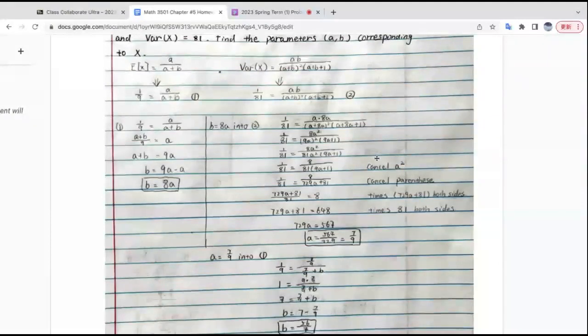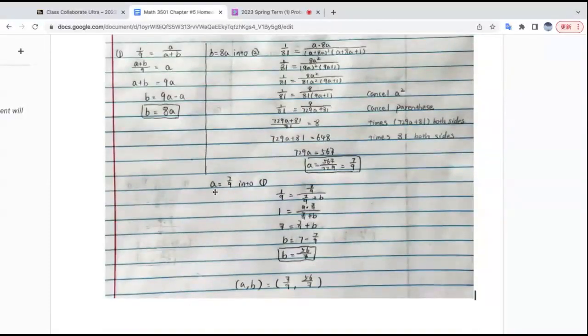Then just do the calculation: cancel a squared, cancel the parenthesis, and multiply by 729a plus 81 on both sides and multiply by 81 on both sides. Then we will get the final answer: a is equal to 7 over 9.